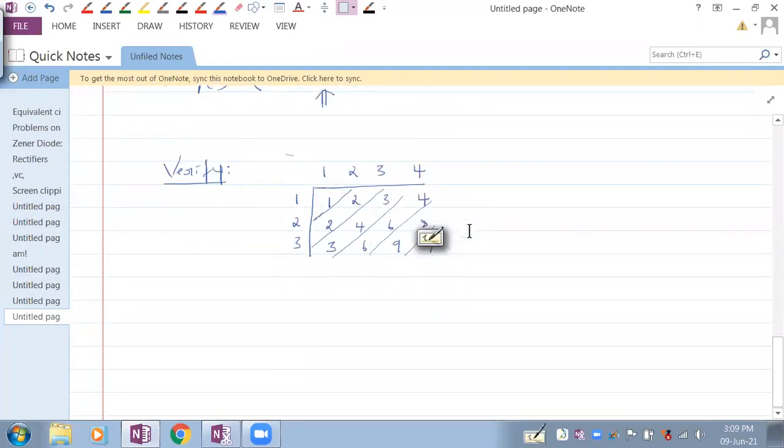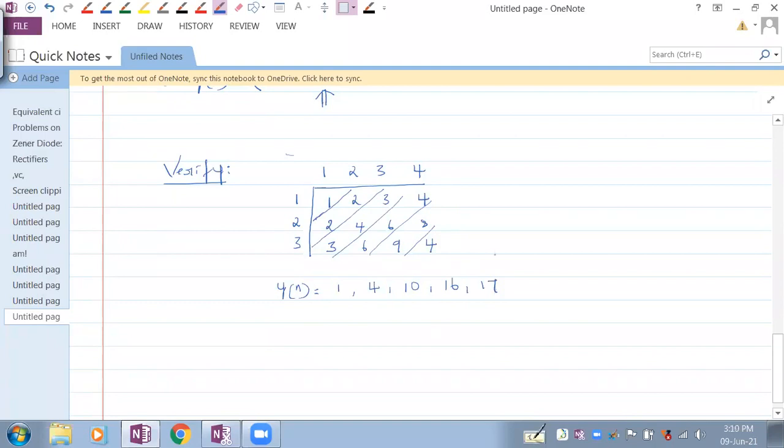So in that sense, our y of n would be 1, 2 plus 2, 4. So it's not multiplying, it's adding. 2 plus 2, 4. Then 3 plus 4 plus 3 is 10. Then 16. Then 17.